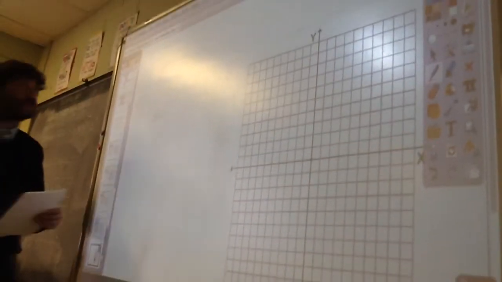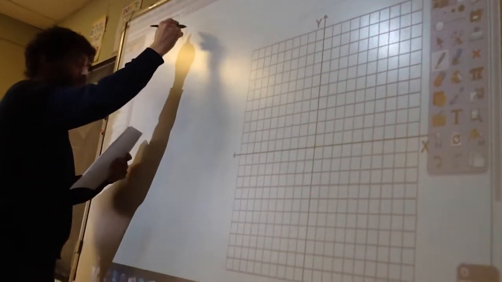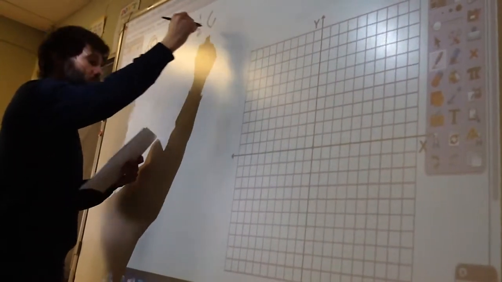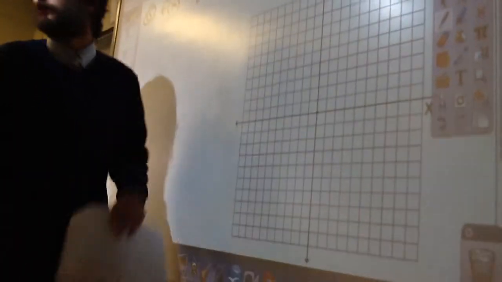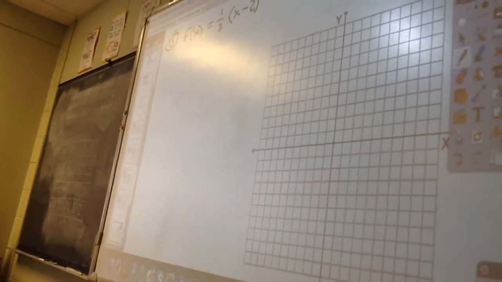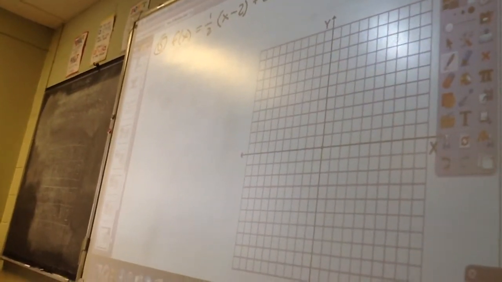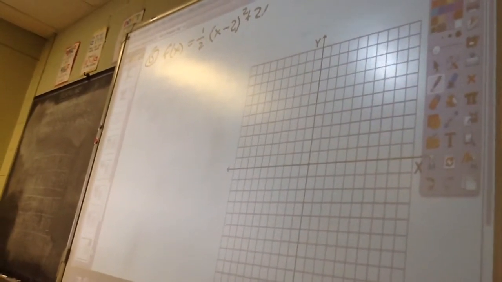So, vertex form is the best to me, because what was the very first thing that I was doing on those last sets of problems? What was the very first point that I found? The vertex. Well, if it's in vertex form, I don't even have to find the vertex. It's right there in the problem, right?